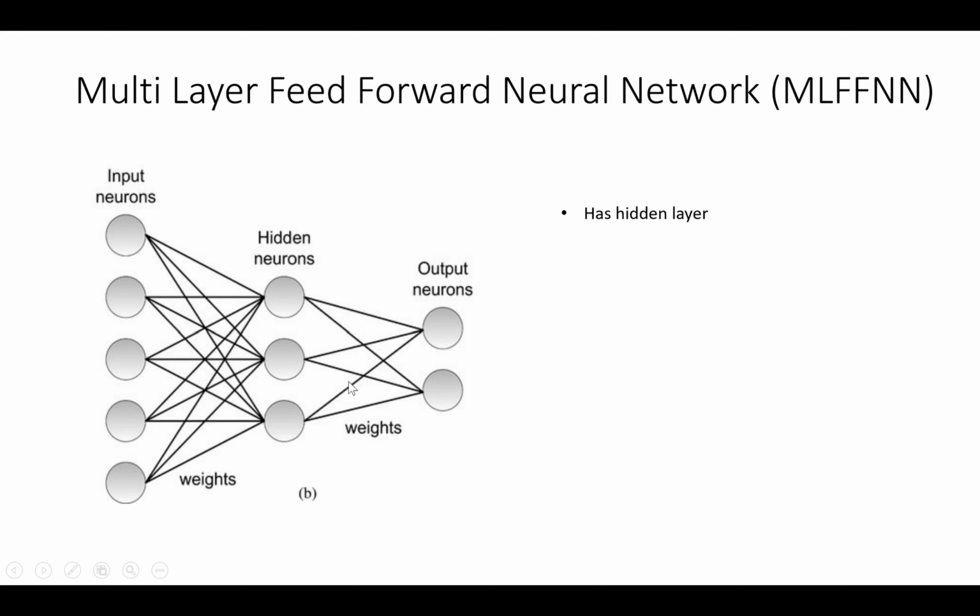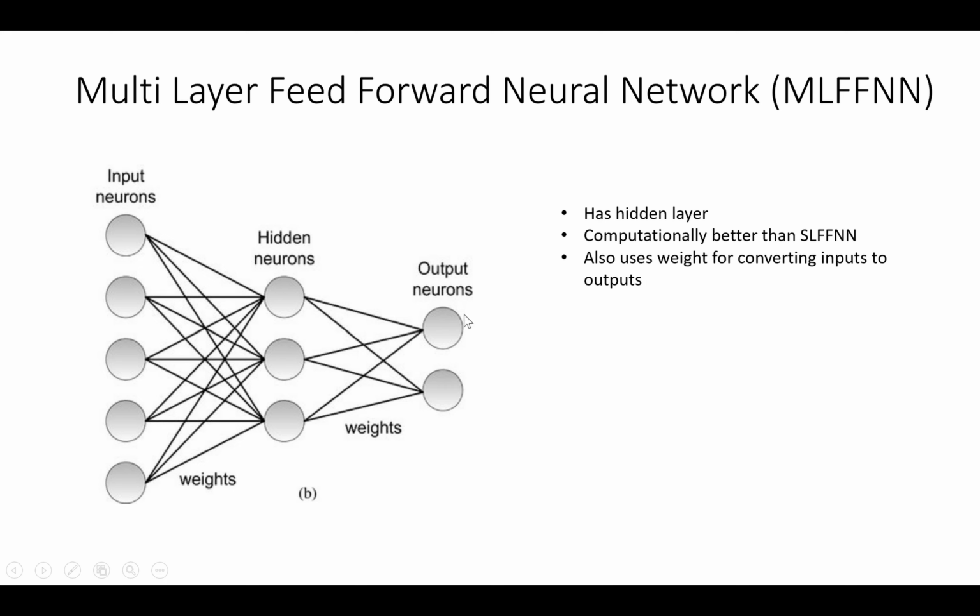Then these weights are converted to the output dataset we want. It takes two steps instead of one, as in the single layer neural network, to predict the output. Due to the introduction of this hidden layer and extra computational capacity, this multi-layer feed-forward neural network is computationally better than the single layer feed-forward neural network.